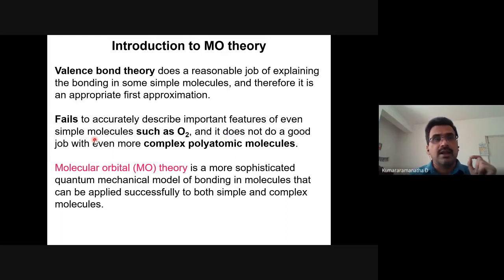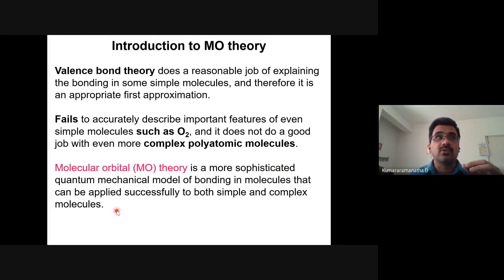But valence bond theory and subsequent theories failed to even describe simple molecules like oxygen. Also, valence bond theory cannot be applied to complex polyatomic molecules, including transition metal complexes and so on.